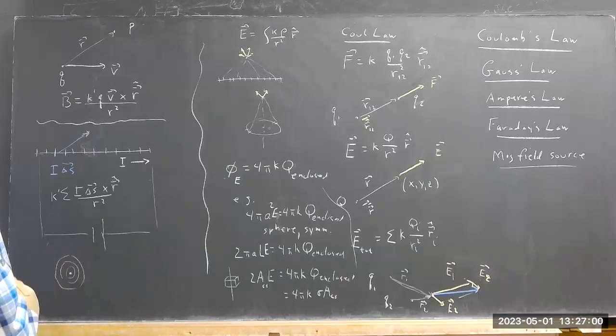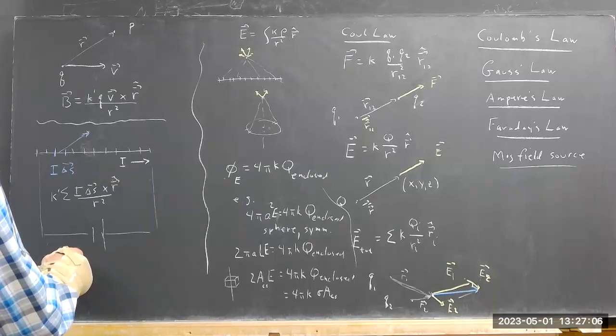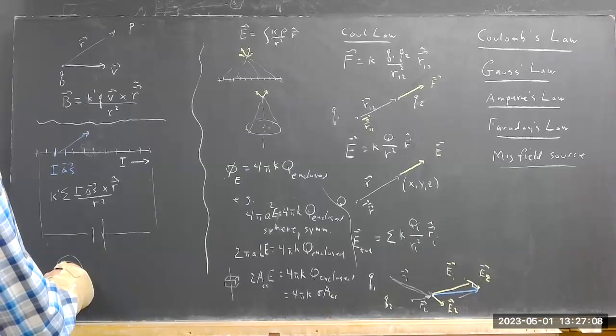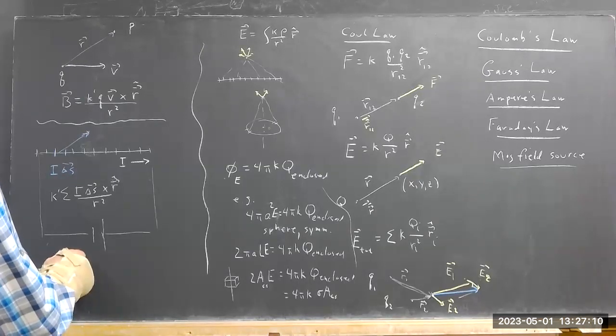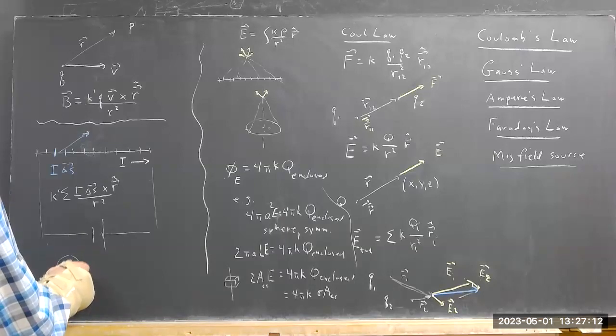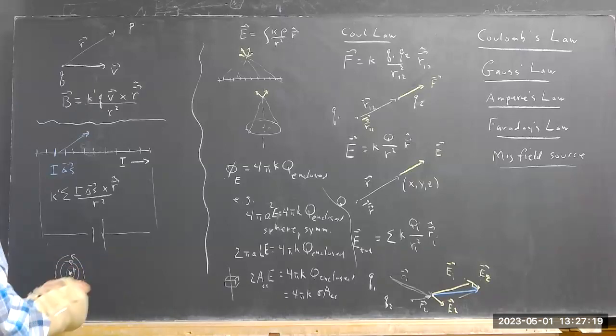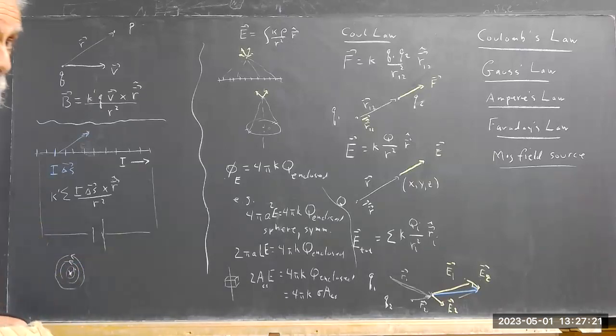You see with the magnetic field, it's coming out of where magnetic field lines loop in separate circles.